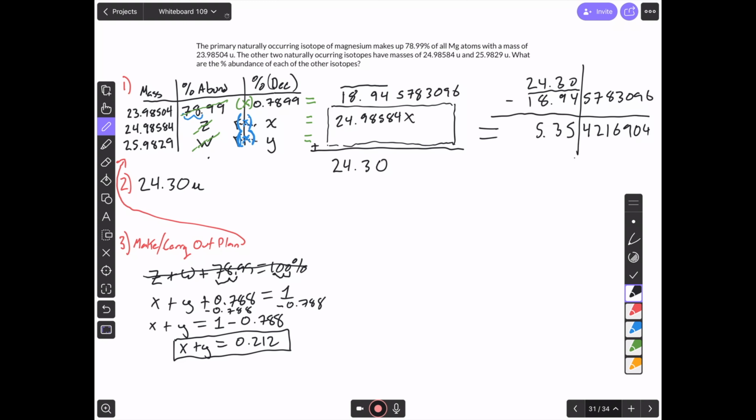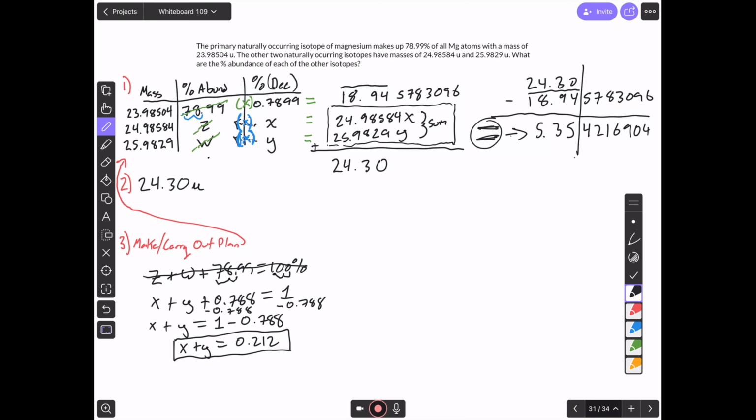24.98584x. That goes in there. 25.9829y, right? And we already solved that the sum of these equals this. That's an equation.